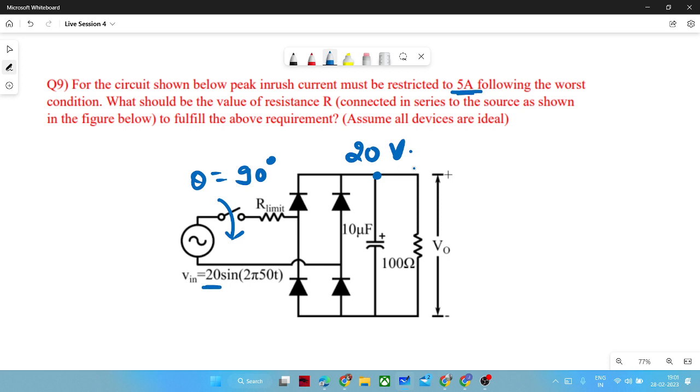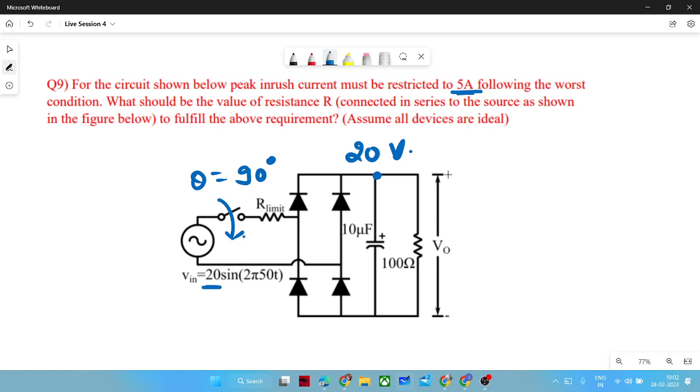For such a circuit, you have to design a resistance with the minimum value such that it can tolerate that much inrush current, as well as have lesser loss. So the minimum value of that resistance allows minimal loss to the circuit, while at the same time protecting your circuit from the inrush current. So that value you have to decide for this resistance.